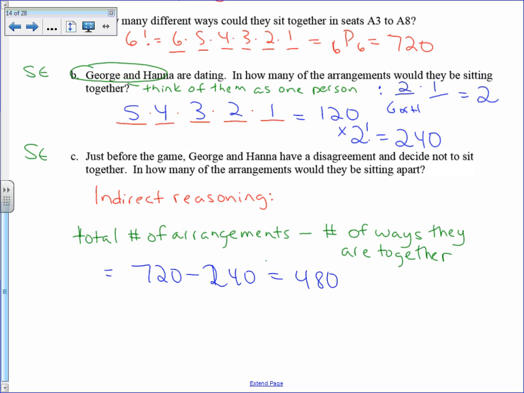If you think about it, really what we want is the complement. Staying together is that, and we want the complement of part B. Sometimes that can be a bit tough.